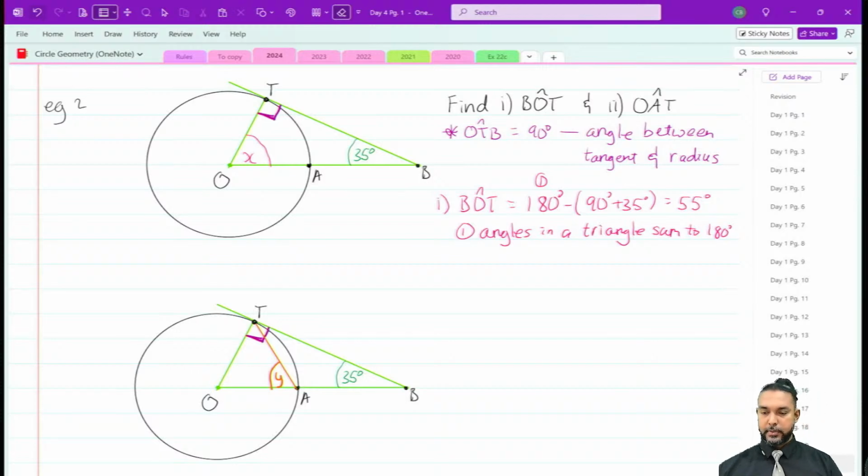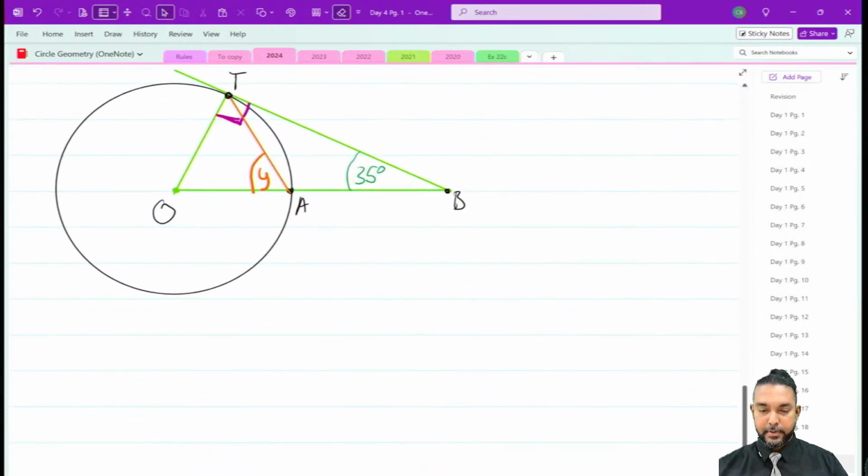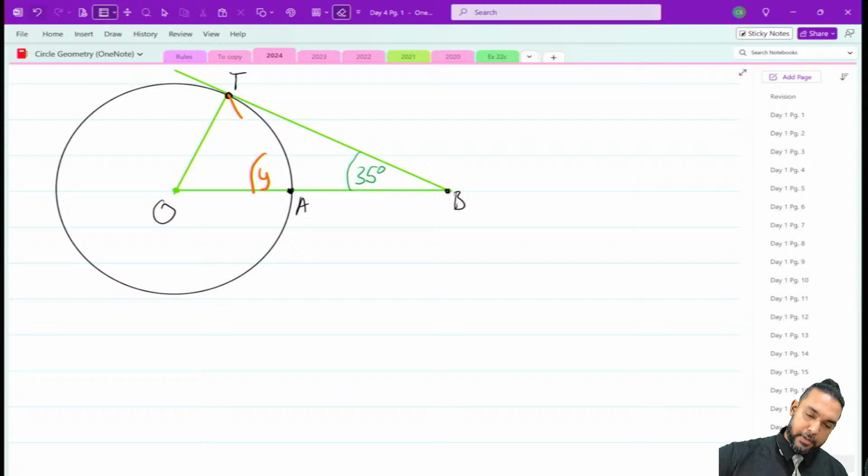Okay. Now, let's zoom in temporarily. Let's take off this as well here. All right, take off that, and we put this back.